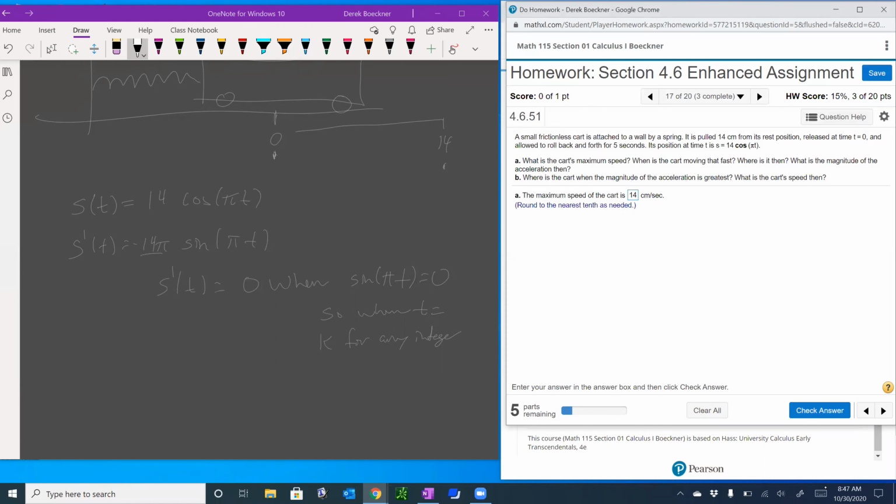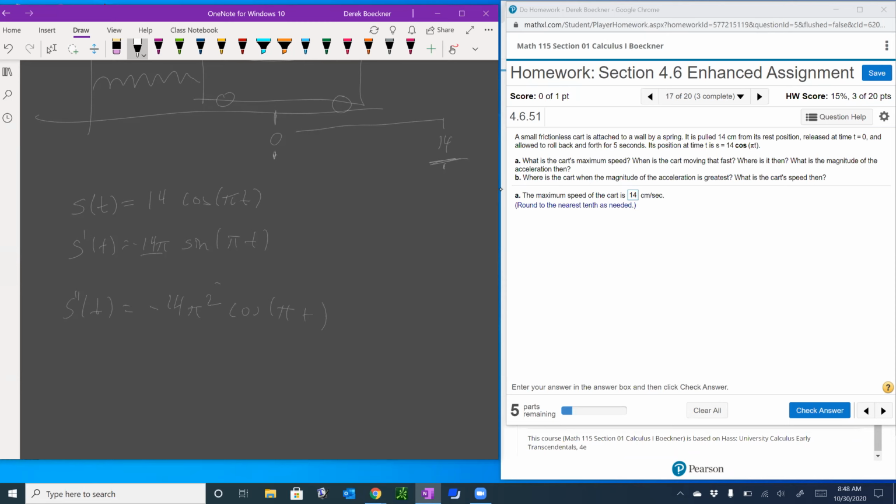Hang on, sorry. I want the maximum speed, not the maximum position. The maximum position's here. The maximum speed is when the derivative is maximized. To maximize the derivative, we have to take a second derivative. s double prime of t equals minus 14 pi squared cosine pi t.